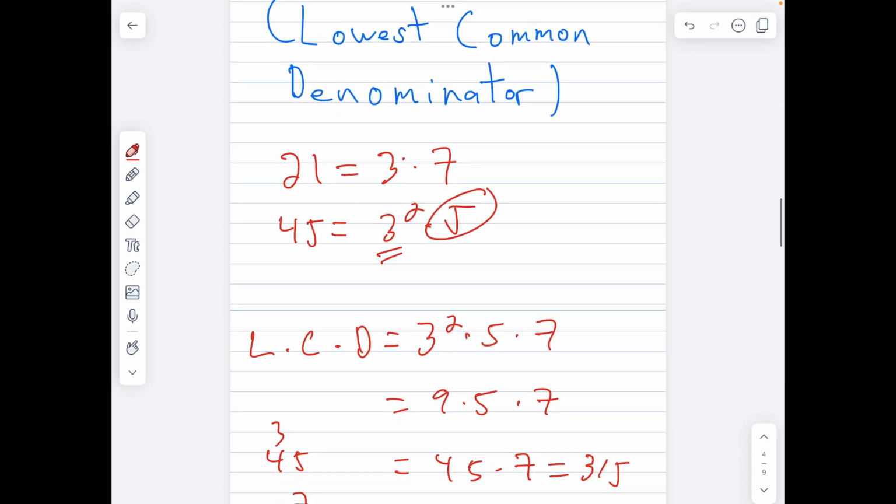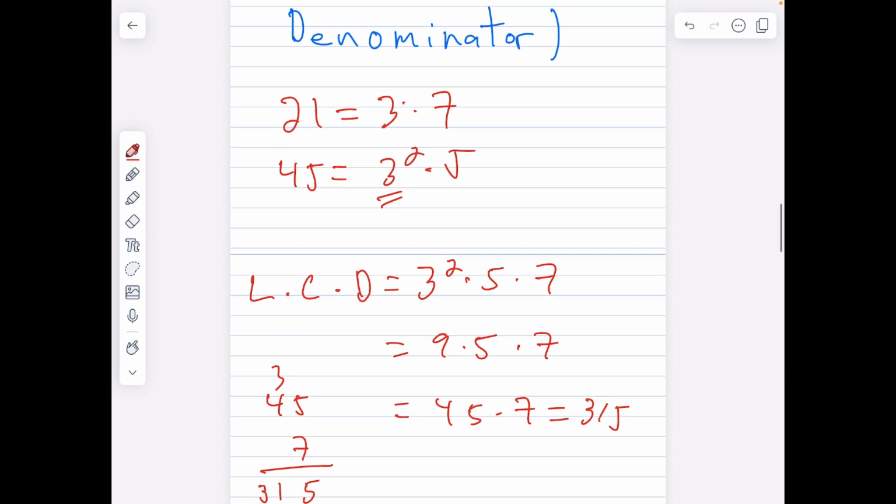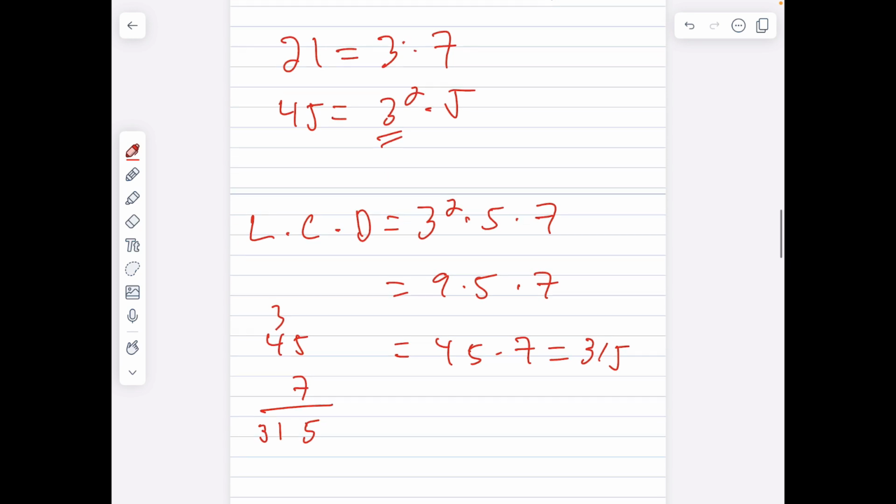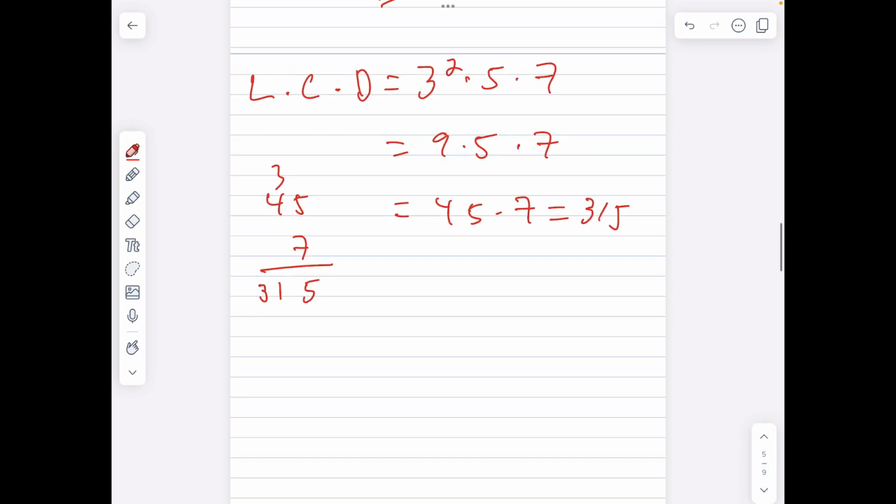So 21 was 3 times 7, 45 was 3 squared times 5. And then we said to ourselves, well, okay, what's my LCD going to be? Starting with 3, the largest group of 3 is 3 squared. The largest group of 5 is 5, and the largest group of 7 is just one 7. And you do that with all the numbers that you have in the prime factorizations. And we multiplied it out, and it's equal to 315.